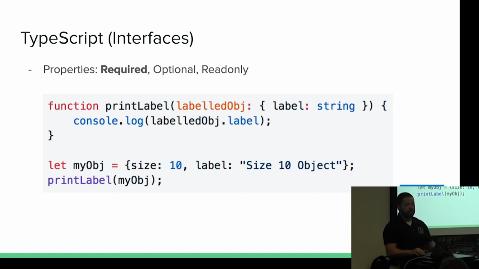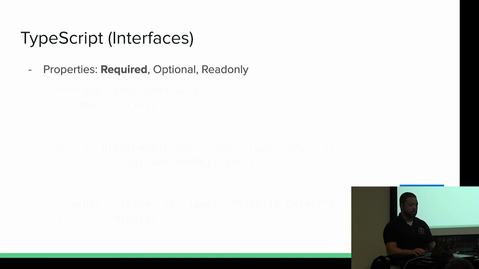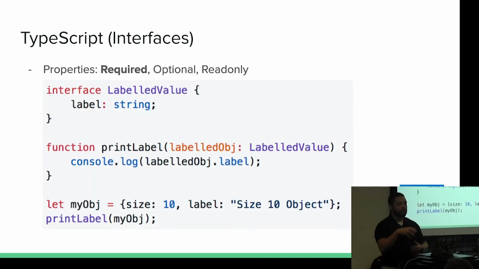But what if we need to define something more complex than just an object with label and string? Well, we can pull that inline assertion out using the keyword interface. We name it something, in this case LabeledValue, and it's the same thing.